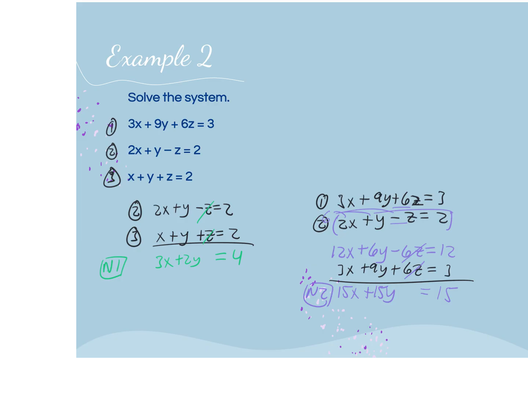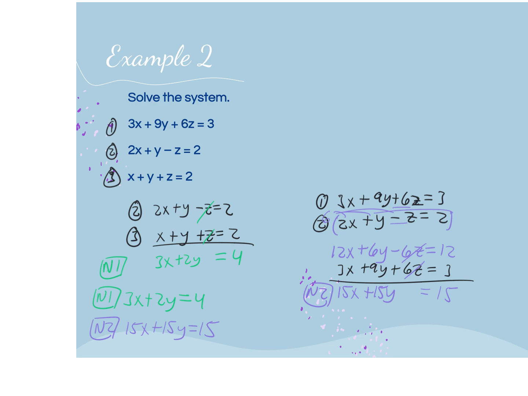So I can use new 1 and new 2 to have a new mini system. New 1 is 3x plus 2y equals 4. New 2 is going to get us a 15x plus 15y equals 15.